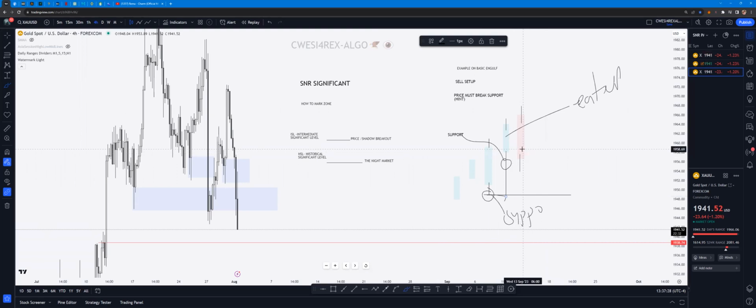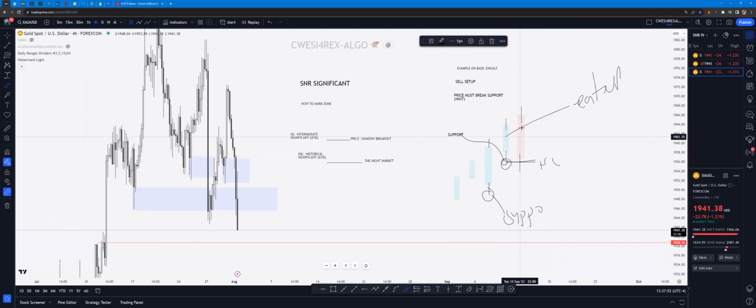Exactly. So right now, you see this engulf over here. If price breaks it, it can be with wick, can be with body. If you see price breaking this, then this is your ISL. You mark this and say, this is your ISL because this is your support, the intermediate significant level.